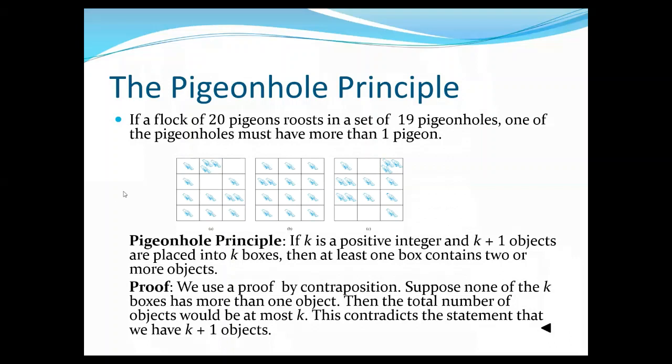So in this example, instead of having one, we have two here and three here. Based on this, we could say that at least one hole contains more than one pigeon. It could be two, three, or four. So this is true.